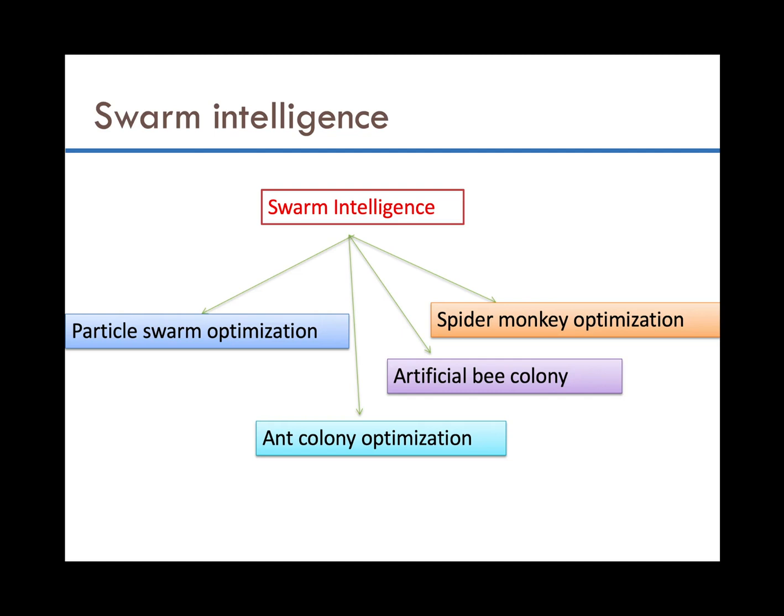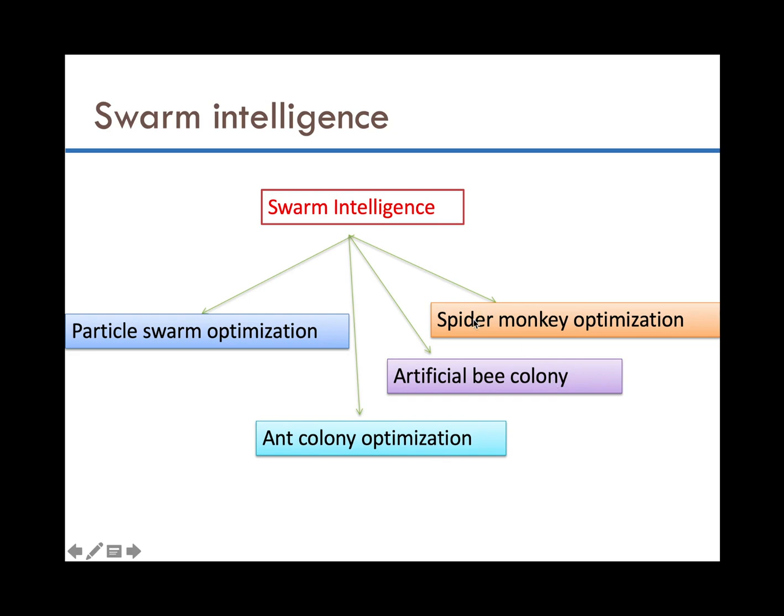So this is the list of a few popular swarm intelligence based algorithms. I hope most of us must have heard about the particle swarm optimization algorithm, which was introduced in 1995 by two US scientists. Ant colony optimization is another one, which is inspired by the foraging behavior of ants. Artificial bee colony algorithm is another one, which is based on the foraging behavior of honeybees.